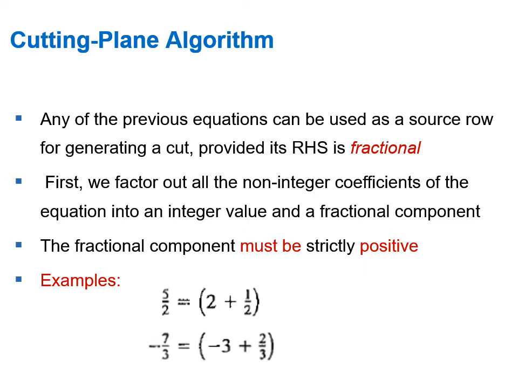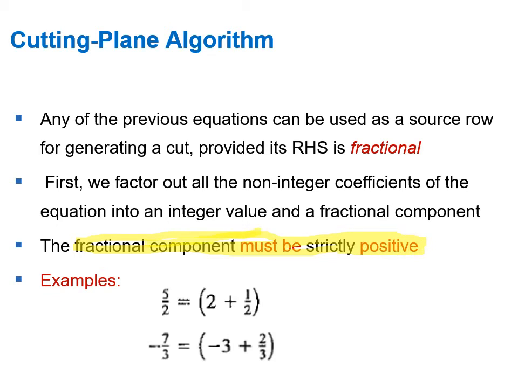In the first step, we write the non-integer coefficients of the constraint as an integer plus a fractional part. But this fractional part is very important. This fractional part must be strictly positive. You should be very careful about this.